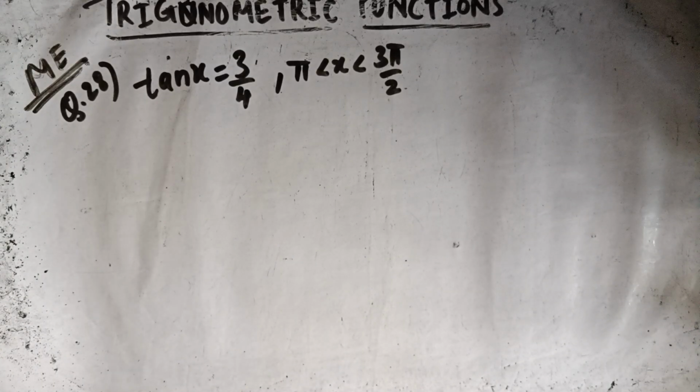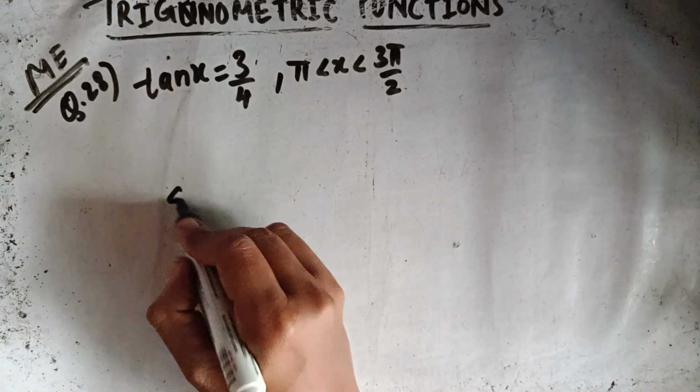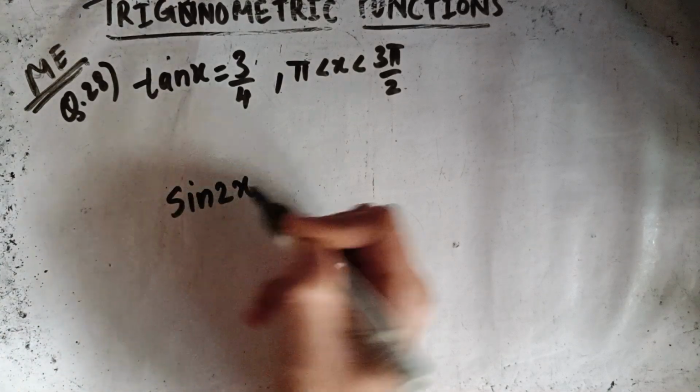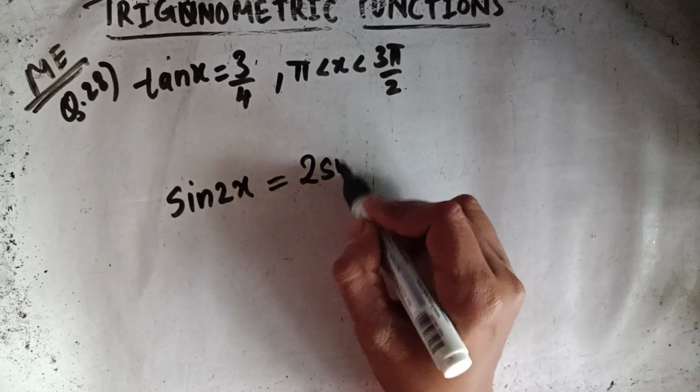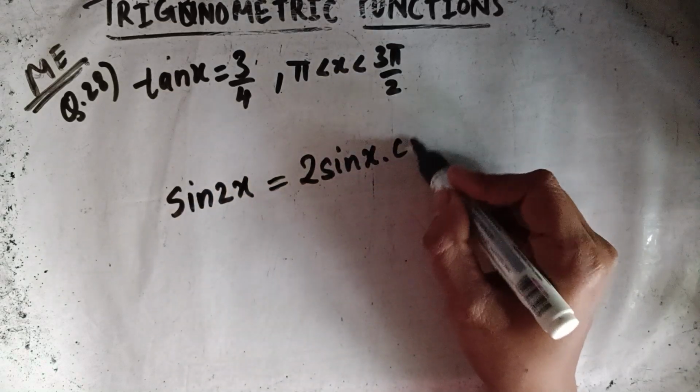Next is question 28. tan x is given as 3 by 4, and you have to find the values of the half angles: sin x by 2, cos x by 2, tan x by 2. Now, the trigonometric identities, suppose I have the identity sin 2x equals 2 sin x cos x.